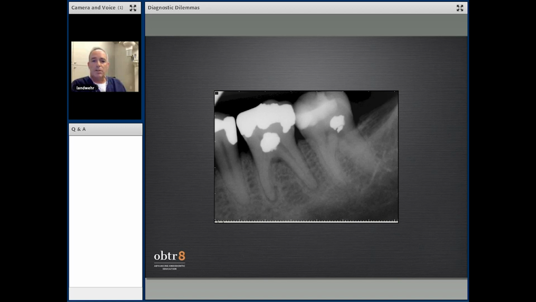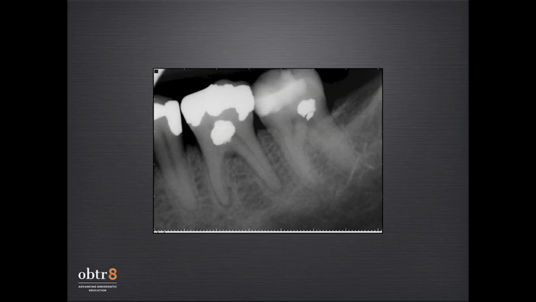There's a widened ligament space, by my interpretation, around both the mesial and distal root ends. And when entering into this tooth, there was an extremely inflamed dental pulp. So I do believe that there can be periapical changes prior to bacteria making it to the periapical tissues, based on the inflammatory response caused by the pulp inflammation.